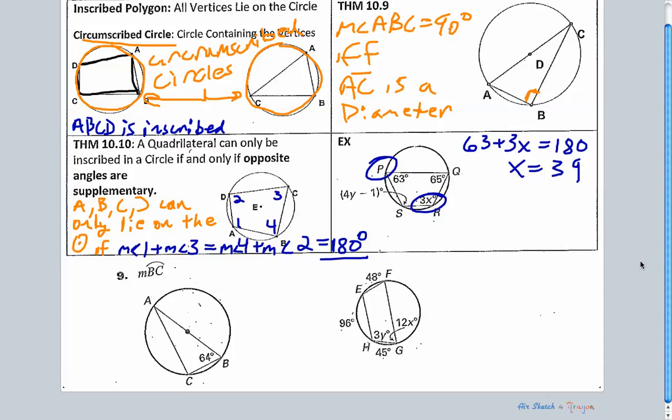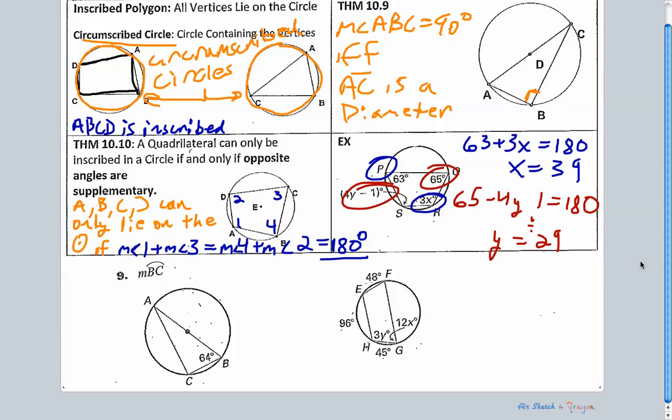Over here, I've got 65 and 4y minus 1. 65 plus 4y minus 1 must equal 180 also. Okay, and then I get down to y equals 29. Okay, so those two examples there.